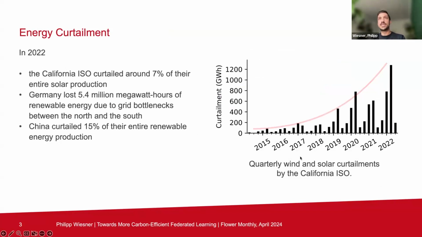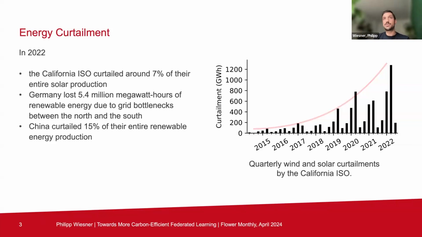Here on the right, you can see that this problem is getting worse and worse as we are deploying more and more renewables. One of the most important solutions is that energy consumers also need to become more flexible. They need to consume less when no energy is available, and more once energy is available.